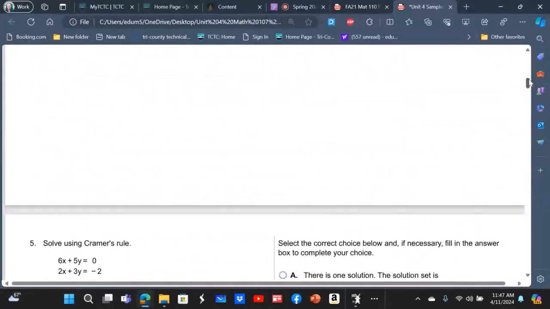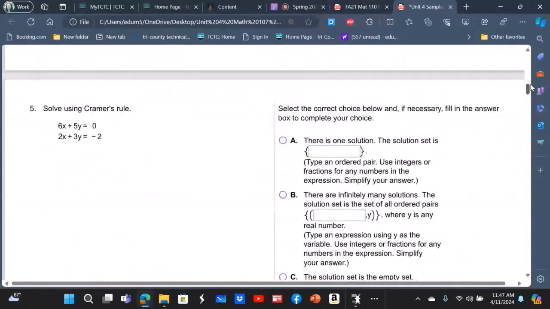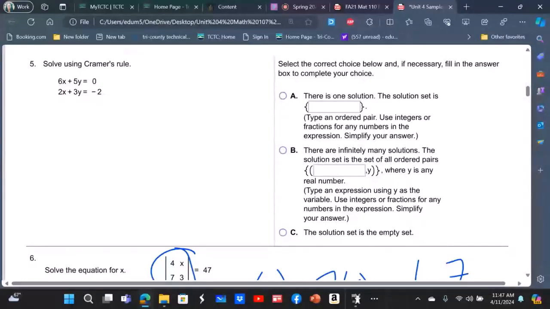Okay, quickly let's go to, by the way, if you remember, we did Cramer's rule. We already did Cramer's rule, and you're going to have a question to solve by Cramer's rule. So don't forget. The first thing you want to do is to find the coefficient matrix. The coefficient matrix is the matrix of the coefficients.